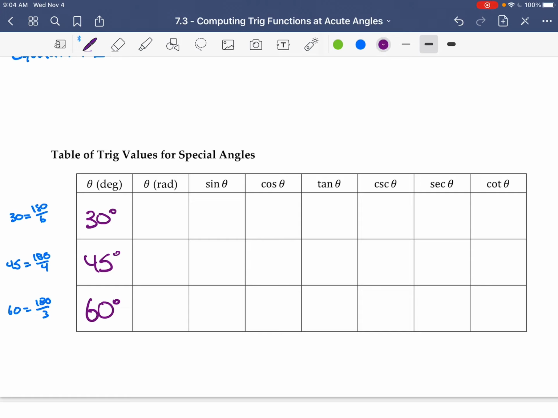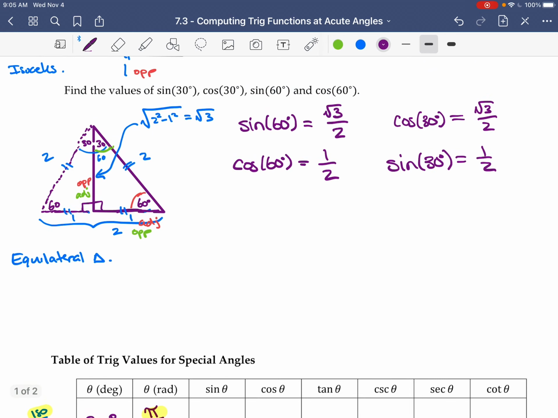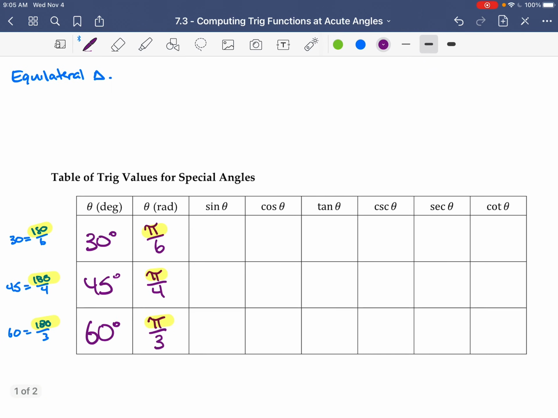Because 180 is pi, so if I want to convert to radians, this one is pi over 6, this one is pi over 4, and this one is pi over 3. All I'm doing is changing the 180 to pi, but you could also multiply by pi over 180. We already did the sine and cosine values for all of these. So for 30 degrees, sine was 1/2.